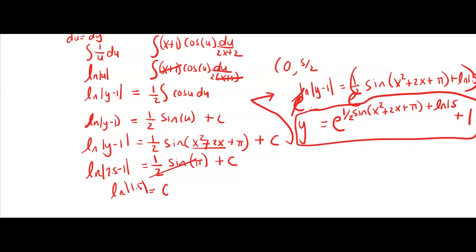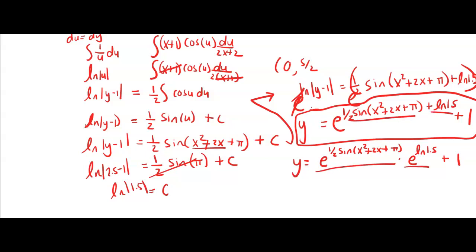But just to kind of point some stuff out to you, if you're in a multiple choice test, they might expect you to do the following. So what you could do is anytime you have two things that are being added together in an exponent, you could split them up into two separate exponents that are being multiplied.